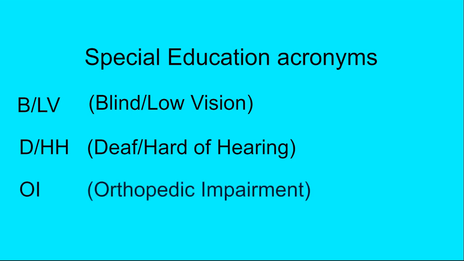OI, orthopedic impairment. So much like with the LI and the SI, if a special ed teacher does not have a specific license for these areas, they can still provide services to your child, but they can't necessarily be the teacher of record because they don't have the license for it. So the teacher of record would handle all of the paperwork and progress monitoring for the student.